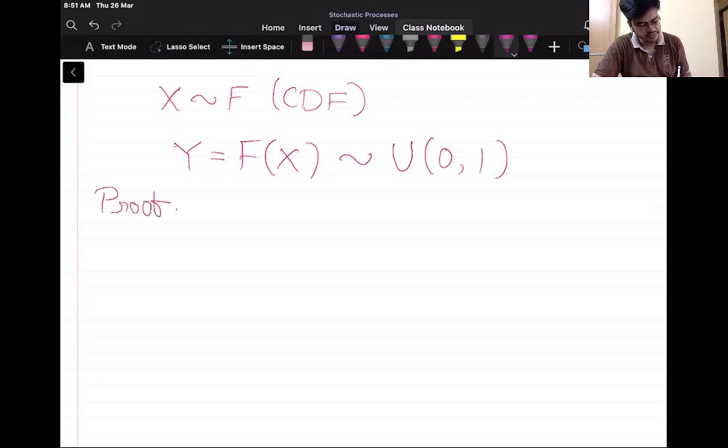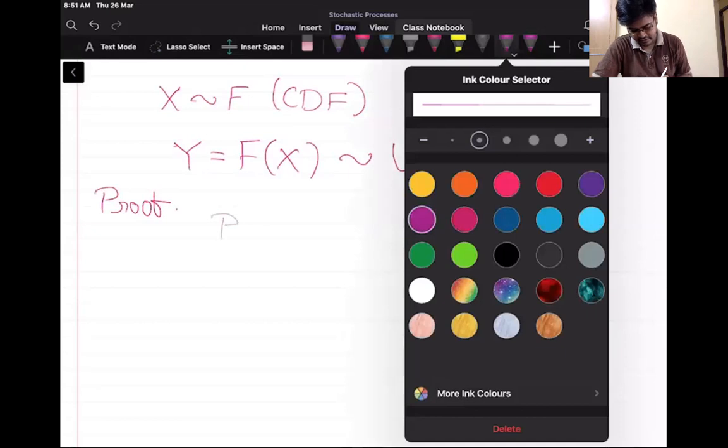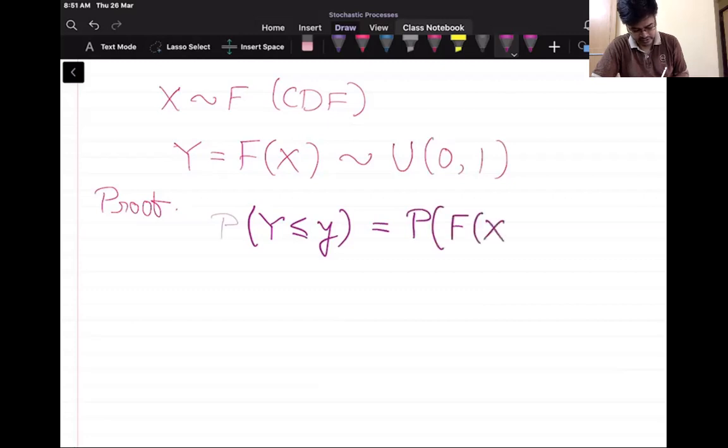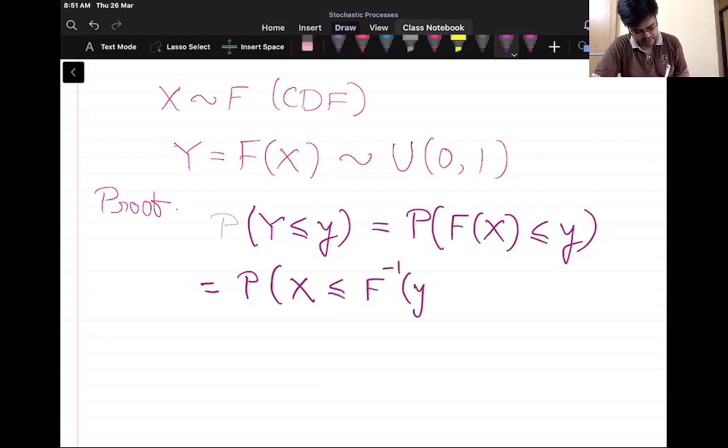In particular, if I want to compute the distribution of this random variable, that is the probability of Y less than or equal to small y. This is equivalent to computing the probability of F of X less than or equal to small y, which is equivalent to the probability of X less than or equal to F inverse of y.